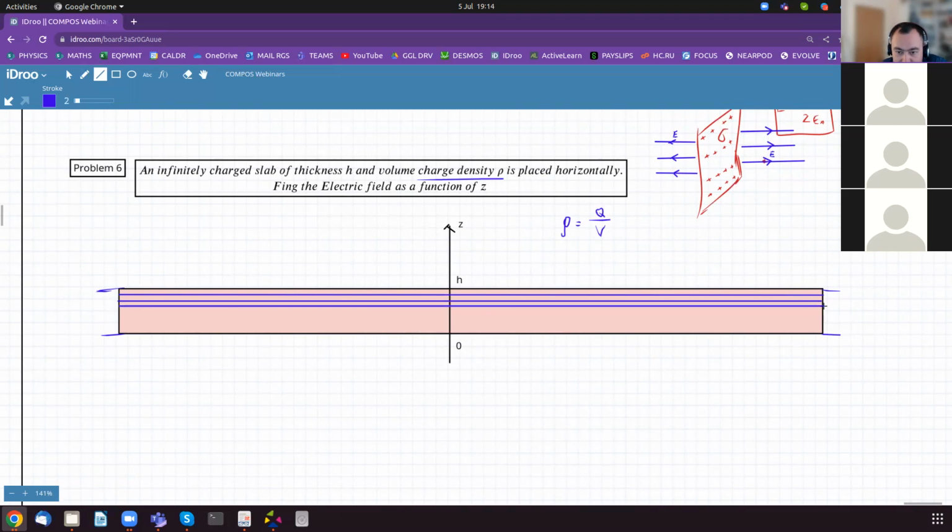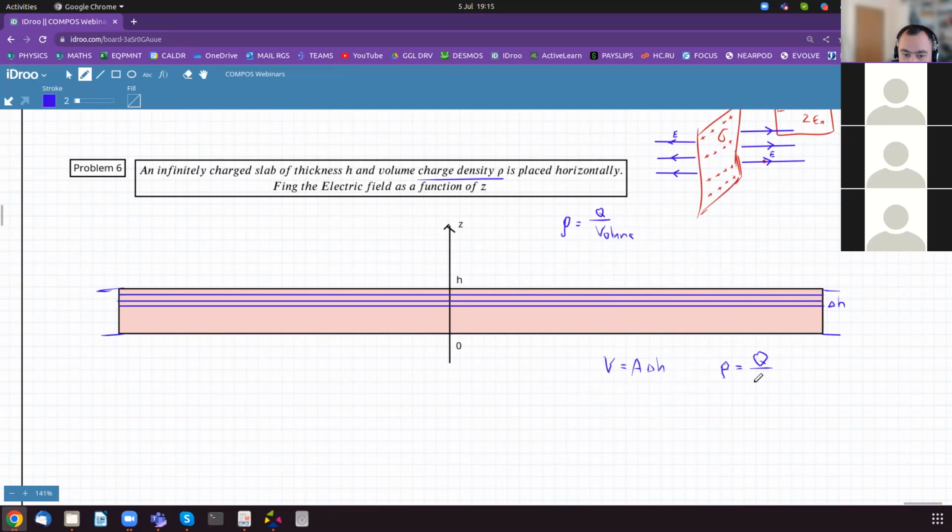And let's say a surface has thickness delta H. Delta H is the thickness of a thinner slab, then the volume of that thinner slab is area multiplied by delta H. And we know that rho, as we have already mentioned, is Q divided by V, where V is volume.